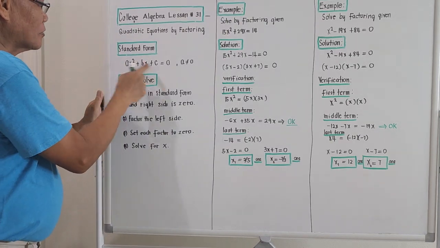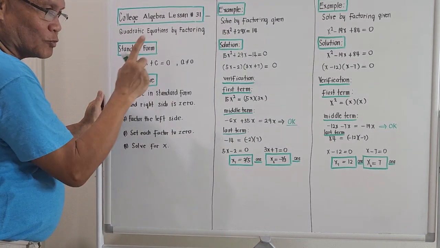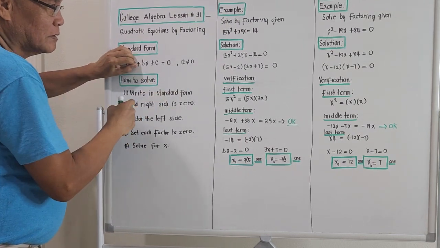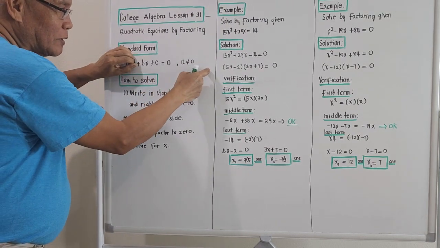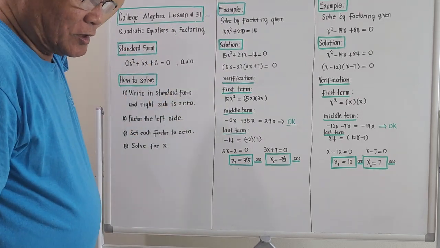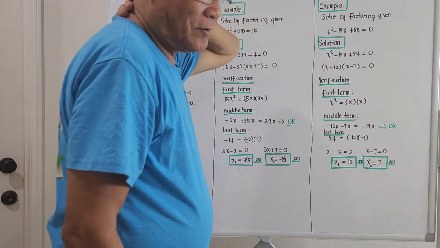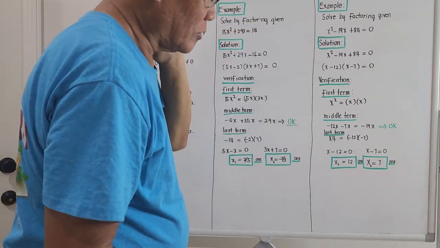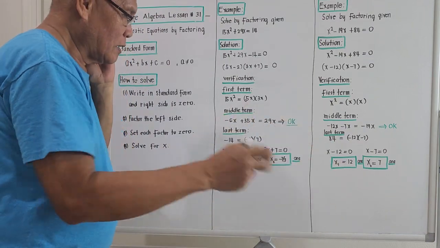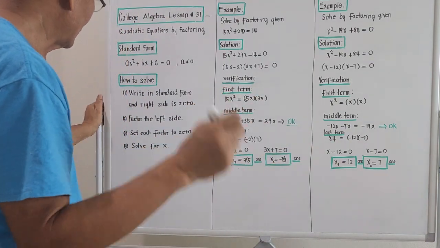Because if a is 0, this x squared term will be missing and it will just be simply linear. Right? So a should not be equal to 0. This is the standard form. So whether you are sleeping or you are awake, you should know the standard form of the quadratic equation, that is ax squared plus bx plus c equal to 0.